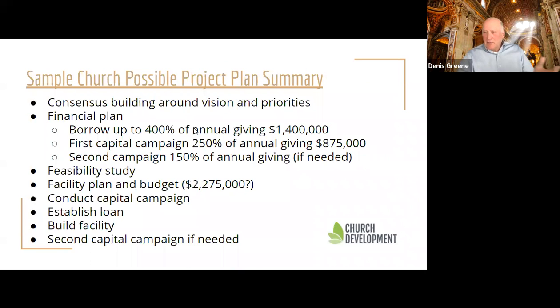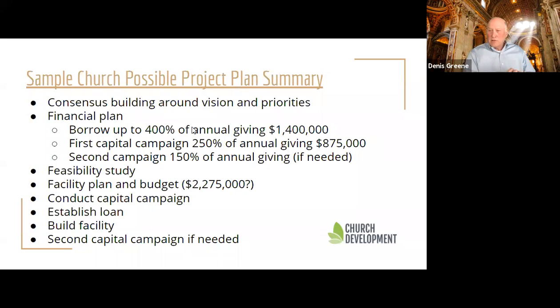Here is a possible church project plan summary. This is just a church I met with on Monday night, and they're early on in the process, and I'm suggesting that they employ a Jennifer Gutierrez just right away to build consensus around the vision and the priorities. Then I'm suggesting they get somebody like Charity to help them think through their financial plan.